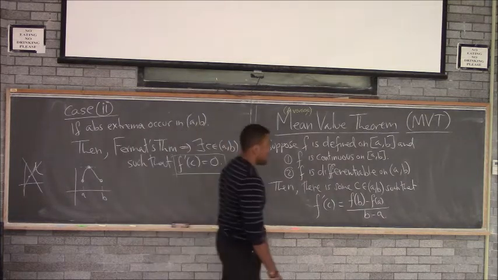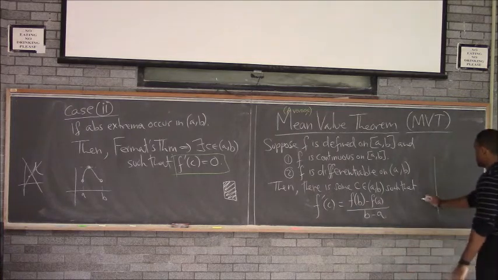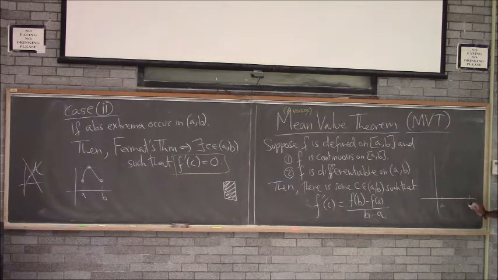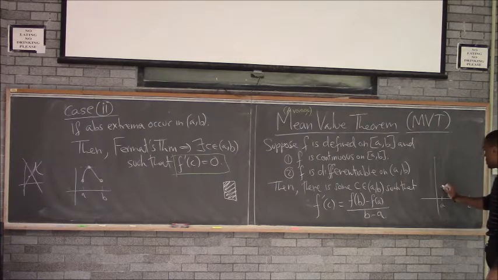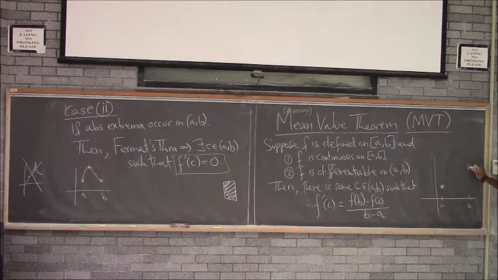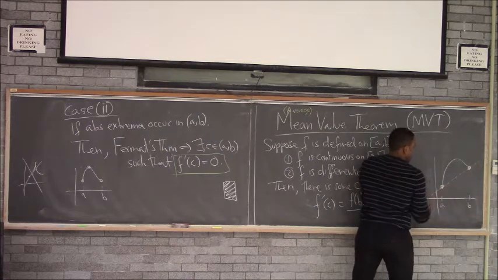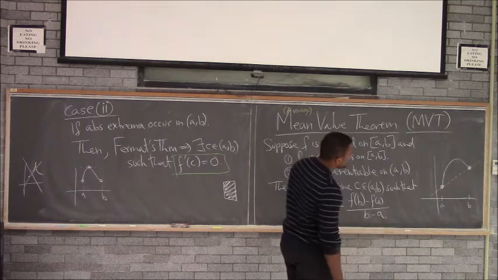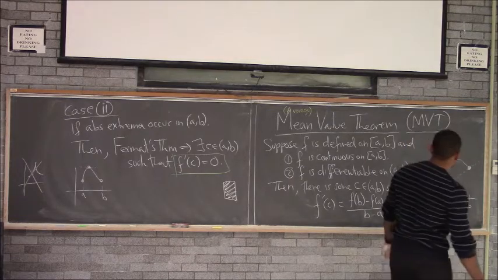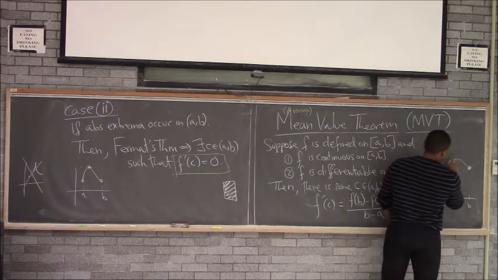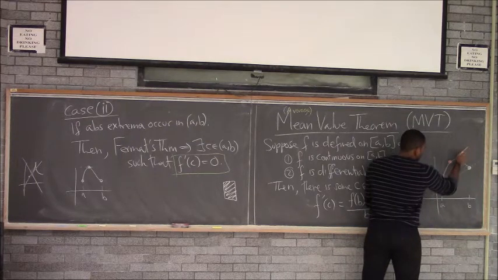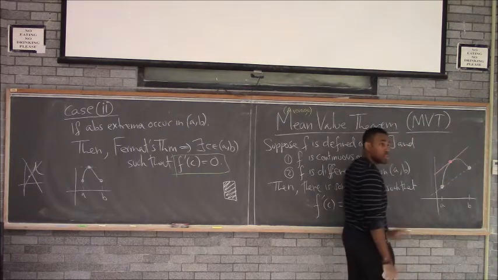And basically what that means is, just to illustrate a situation here. Remember those situations where Rolle's theorem didn't really apply? We can look at situations like that. If f of b and f of a aren't the same thing, my function is doing whatever it wants to do, and I measure the average rate of change, which means it's the slope of the line that goes to here, then the mean value theorem says I am guaranteed to be able to find some location where the tangent line is parallel to this line.